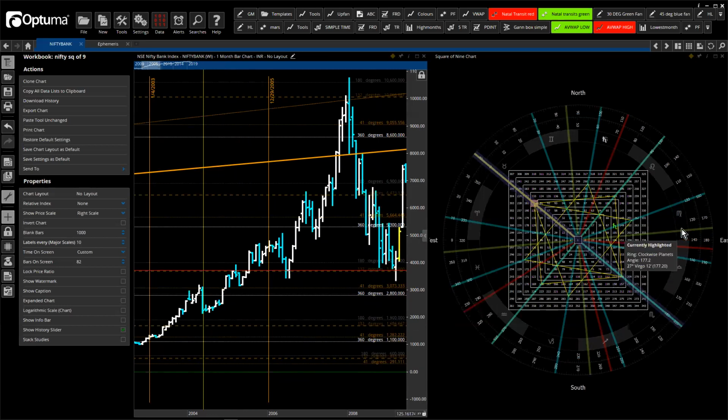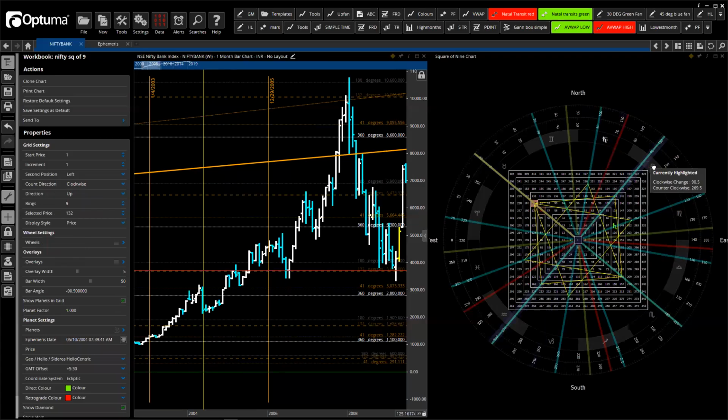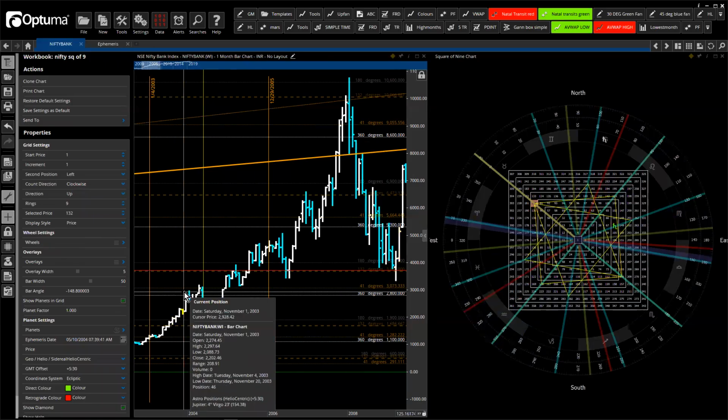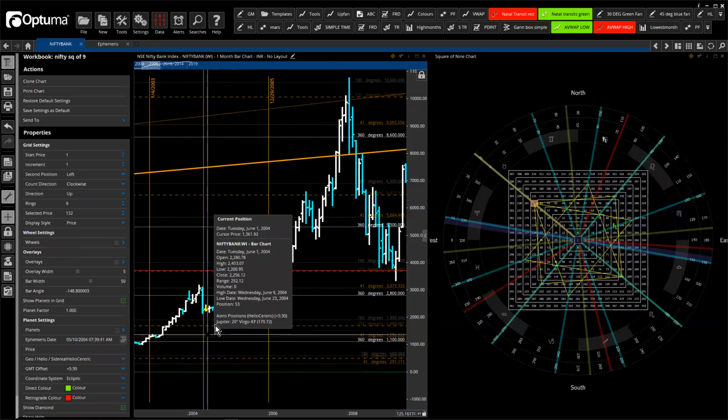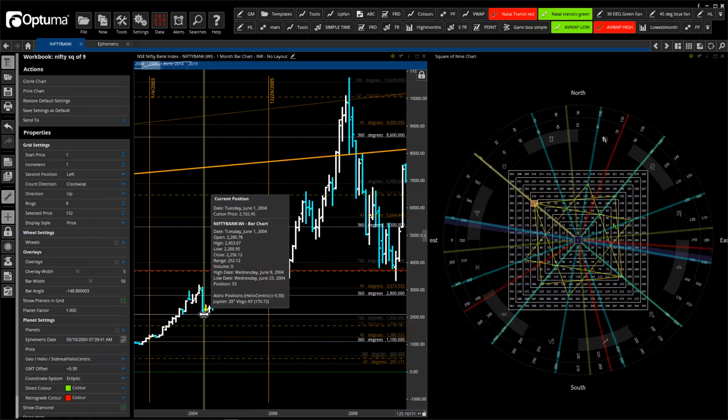So let's look at the wheel here, the price. If we take our selection tool here, if I move my price on the outer wheel, okay, to about 180 degrees and a little higher, right? We're looking at the real position here of the price on the wheel.